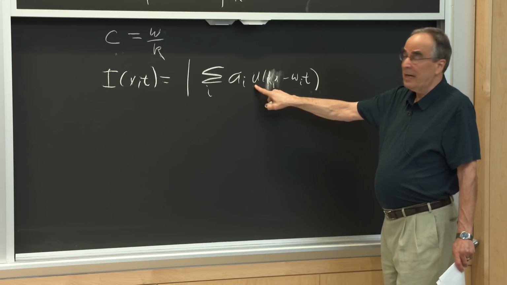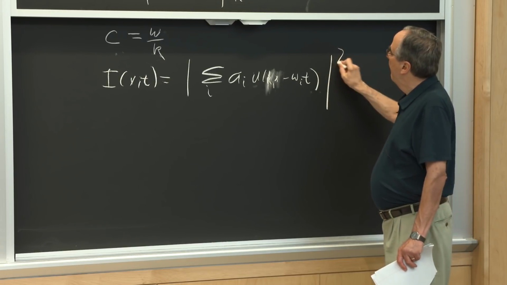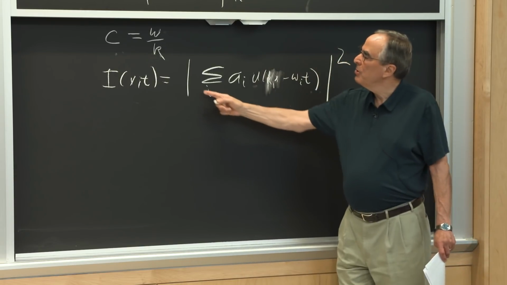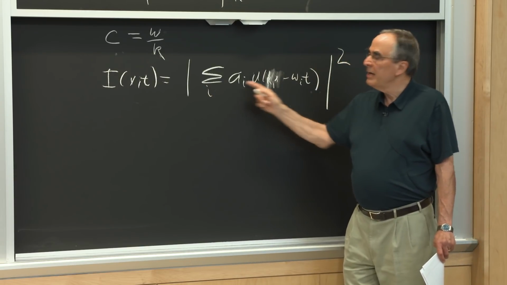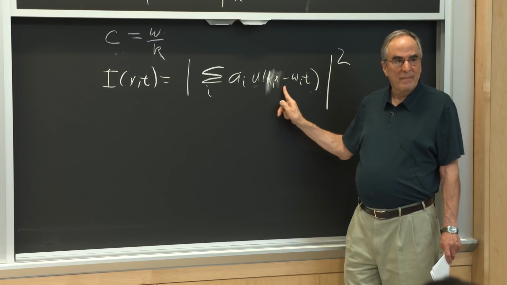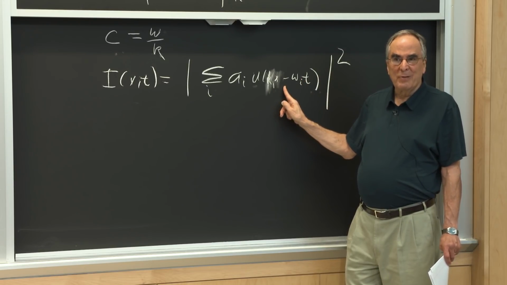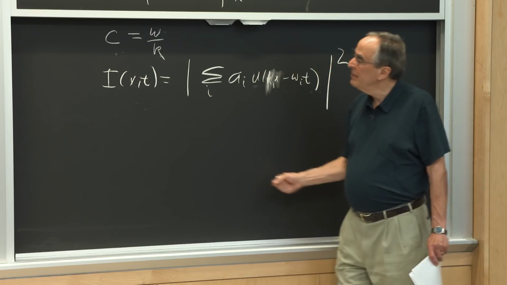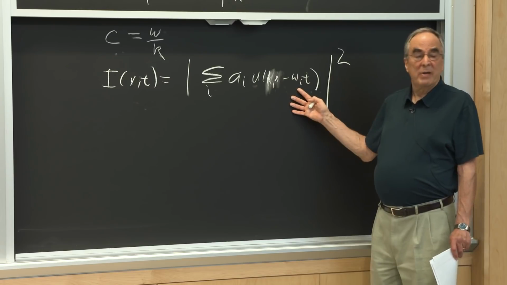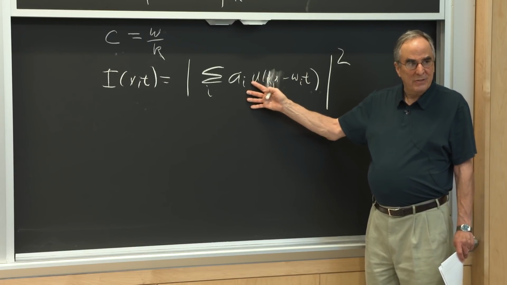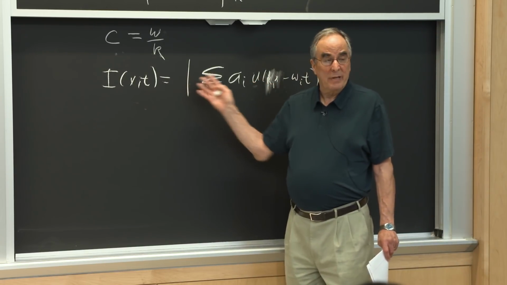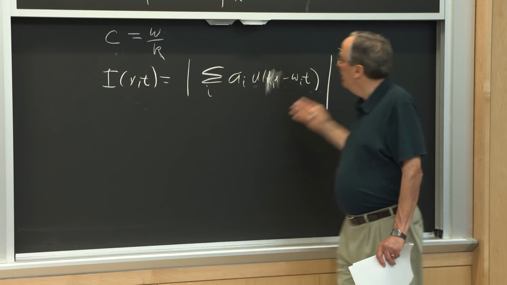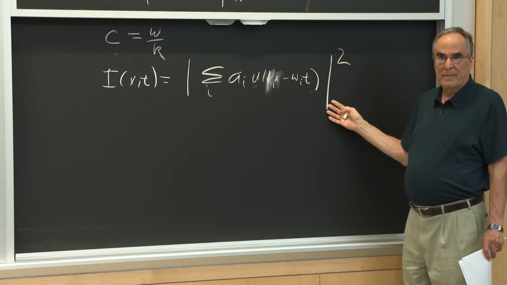It's something that has signs. And this is the intensity, which is proportional to this quantity. We sum the amplitudes and then square. We do this in quantum mechanics all the time. And this is like quantum mechanics in the sense that we have our fundamental building block, which is something with phase. And the relationship of the thing with phase to the thing which is probability is sum of the square.